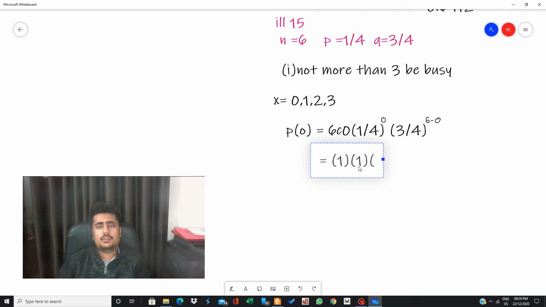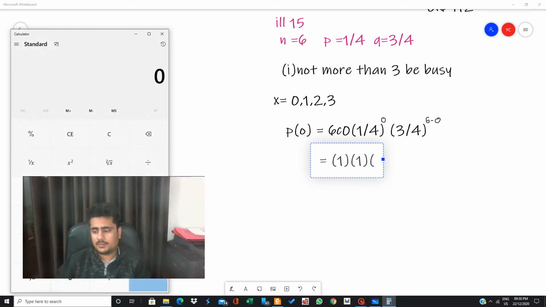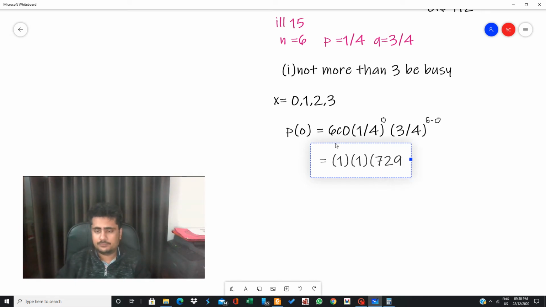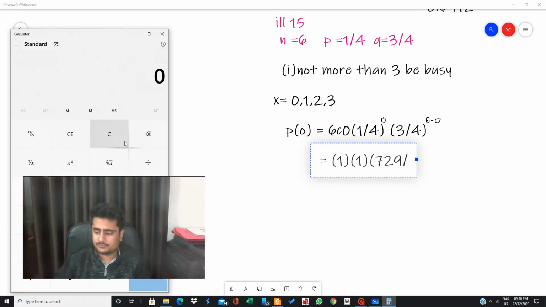Now 3/4 raised to 6. So what is 3/4 raised to 6? 3 into 3 into 3 into 3 into 3 into 3 is 729, divided by, what is 4 raised to 6? 4, 2, 3, 4, 5, 6.